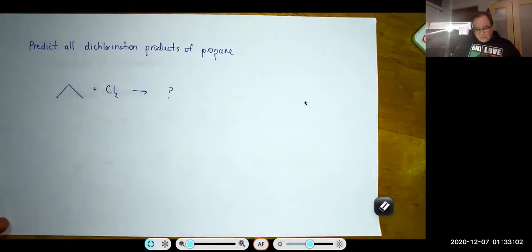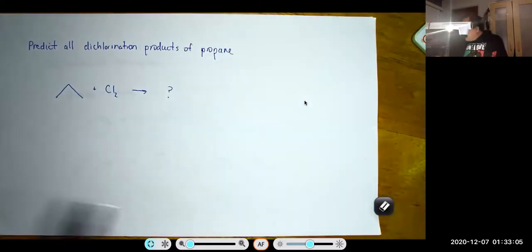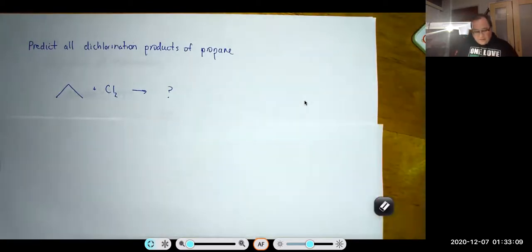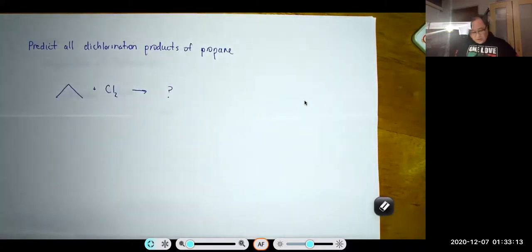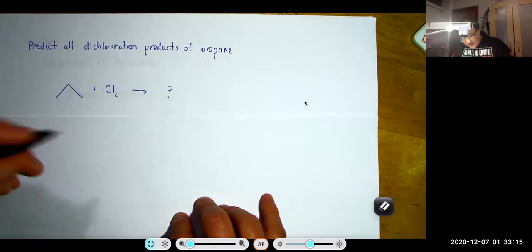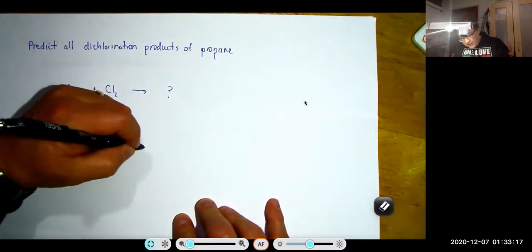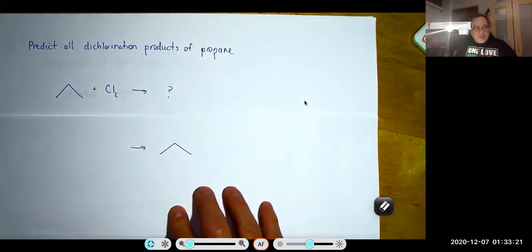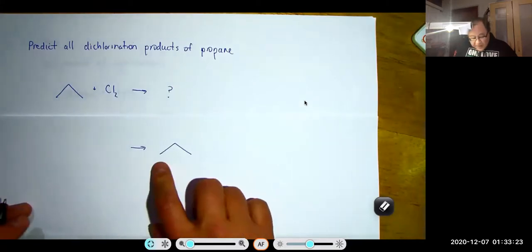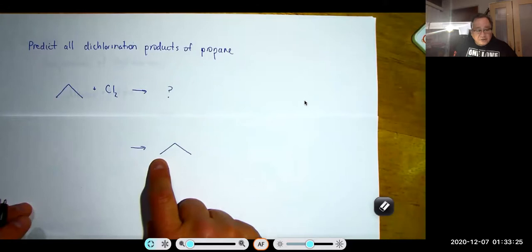Now, let's predict all of the dichlorination products of propane. Here, dichlorination means that we're going to get two chlorines attached to this. What are the places where there are hydrogens? Well, take a look at this first carbon. How many hydrogens are there?